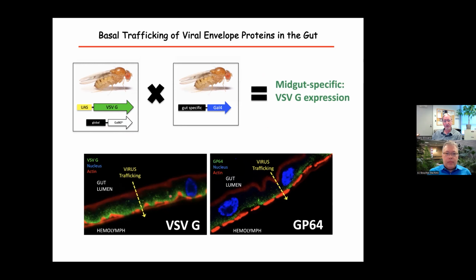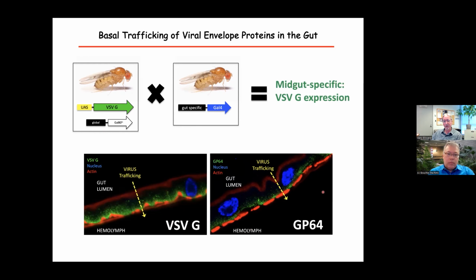This shows the results of some of our earlier experiments where we express the VSVG protein or the GP64 protein. Just to orient you, this is the gut lumen and the hemolymph, so the virus is normally trafficking in this direction. But when we express these proteins by themselves, with no infection, the envelope proteins traffic to the basal surfaces of these cells.